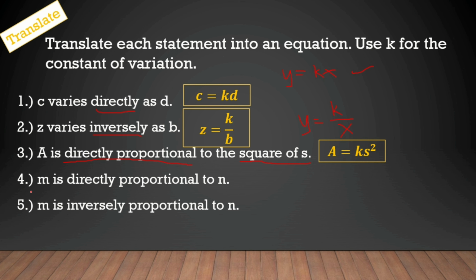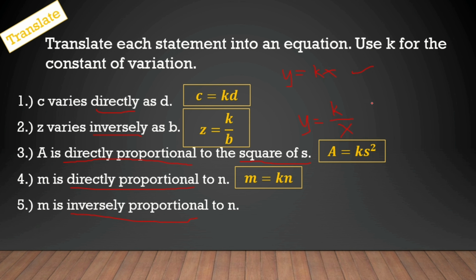Okay, next, number 4. M is directly proportional to N. So, katulad lang din siya dito sa number 1 and number 3. Okay, so M is equals to Kn. Then last, number 5, M is inversely proportional.